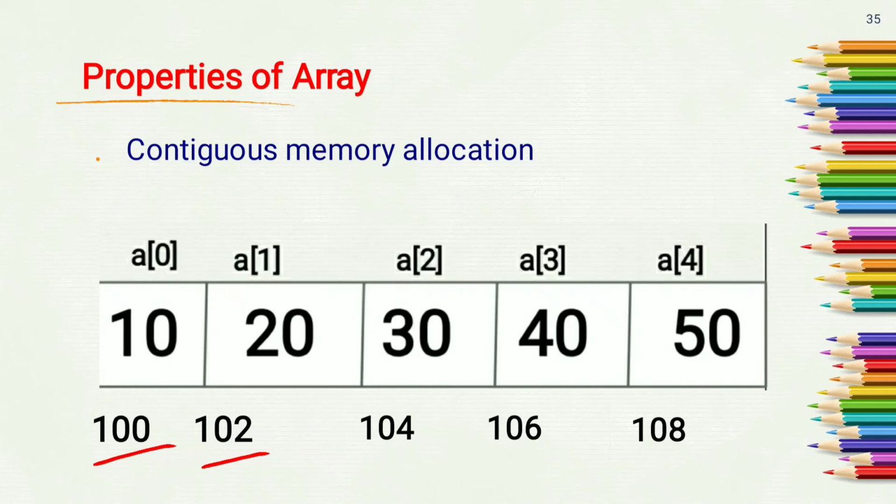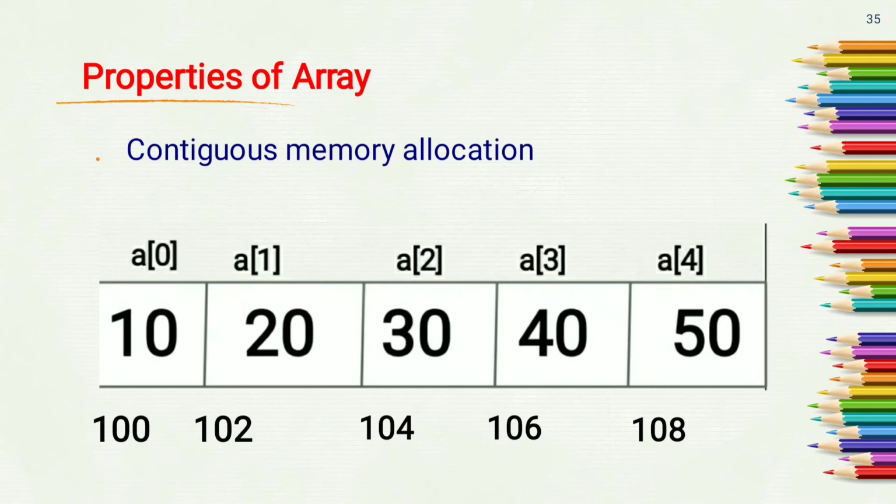If this is a float array, then 4 bytes of memory will be allocated to one variable, so in case of float it will be 104, a difference of 4. Here, as it is an integer array, the gap is 2 bytes. If the address of the first element is 100, then the second will have address 102, the third 104, the fourth 106, and the fifth 108.